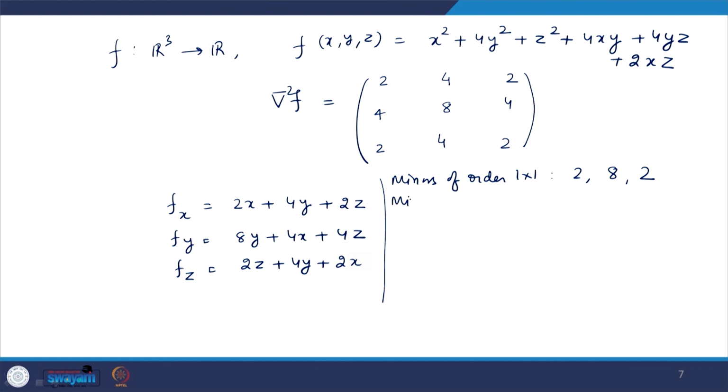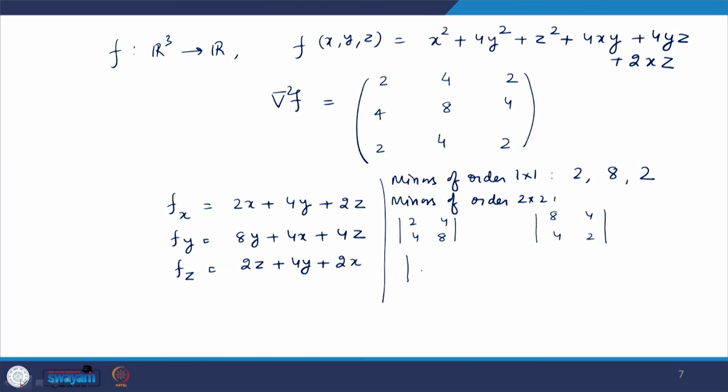Now, minors of order 2 cross 2. How to find a minor of 2 cross 2? Suppose you are deleting the third row and third column. What is left with us? 2, 4, 4, 8, the determinant of this. Then suppose you are deleting the first row and first column. So, it is 8, 4, 4, 2.